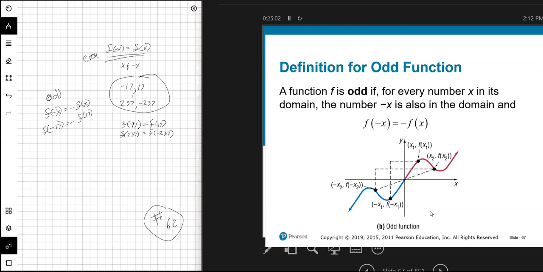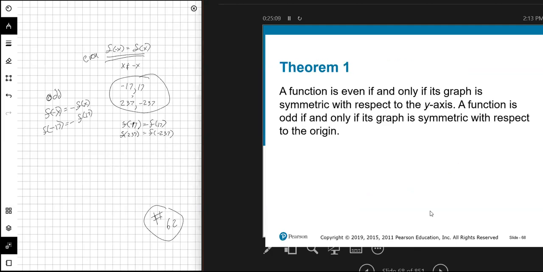That's called rotational symmetry of 180 degrees. A function is even if and only if its graph is symmetric with respect to the y-axis, and a function is odd if and only if it is symmetric with respect to the origin.